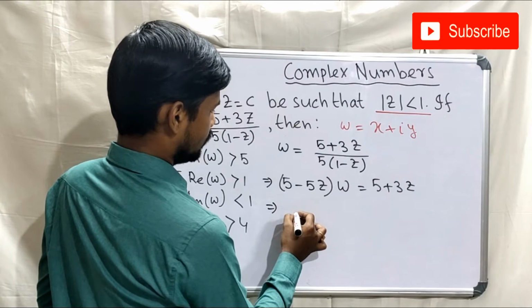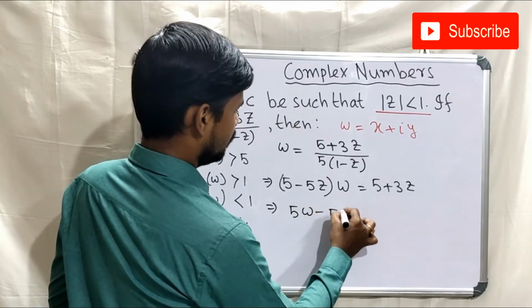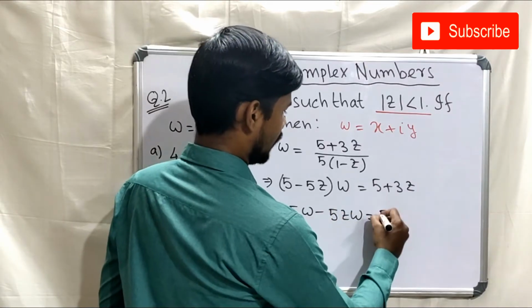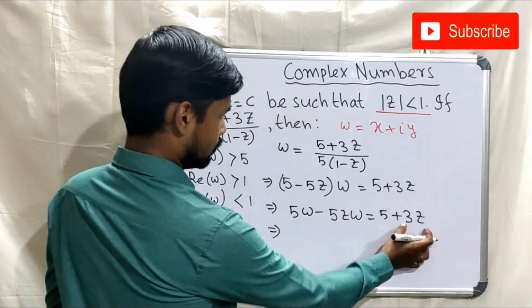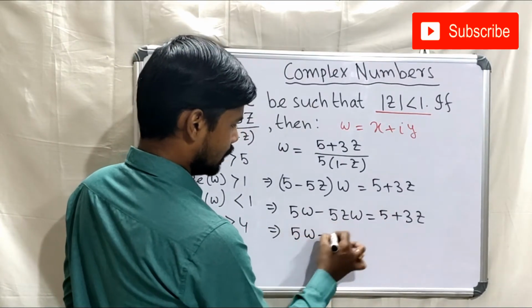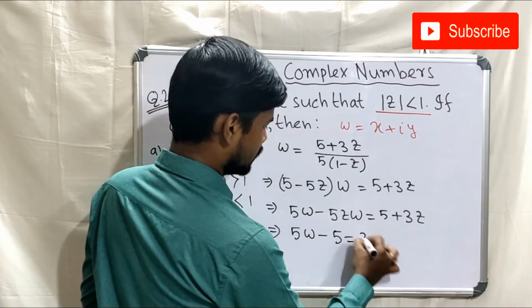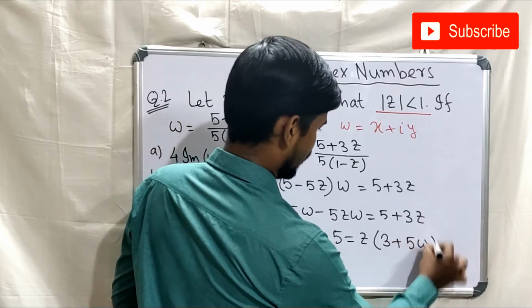Then this will be 5 omega minus 5z omega equals 5 plus 3z. Taking the terms involved with z together, we have 5 omega minus 5 equals, taking common z, z into (3 plus 5 omega).